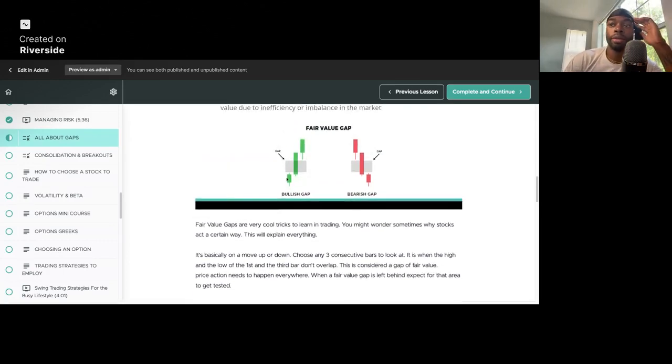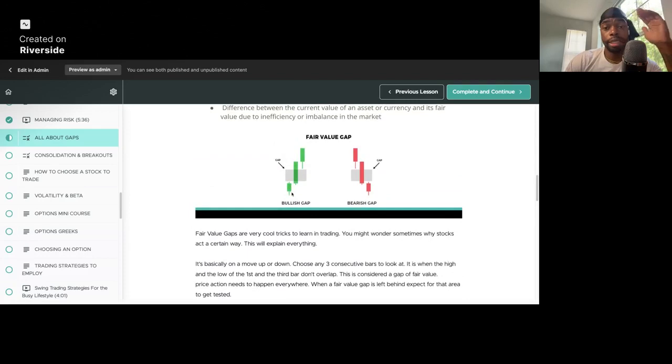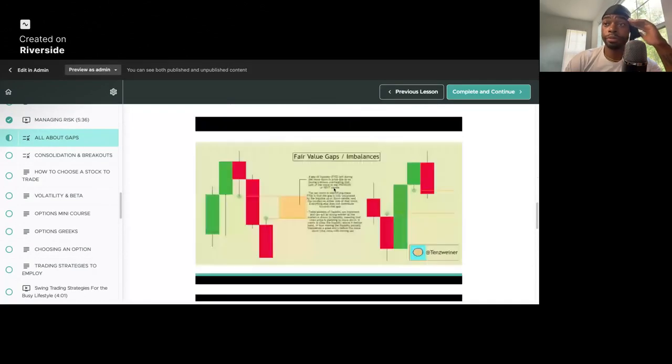Okay, so here we see, like I said, any 3 consecutive bars, the high and the low of the first and the third bar, we measure the distance between that. That's the gap. Okay, again, consecutive 1, 2, 3 bars, the low and the high of the first and the third bar in this bearish downtrend, and we get another gap.